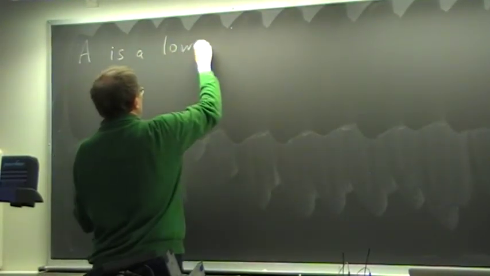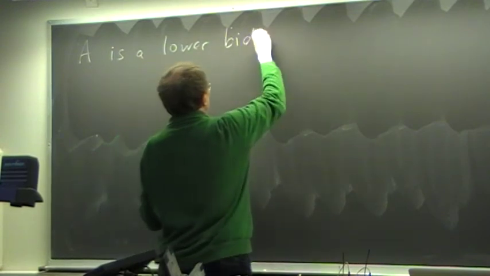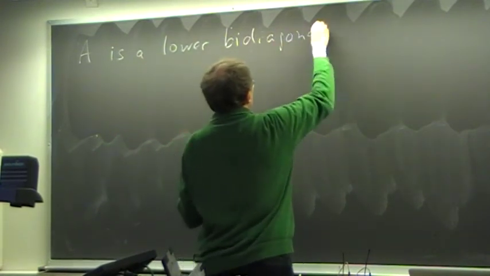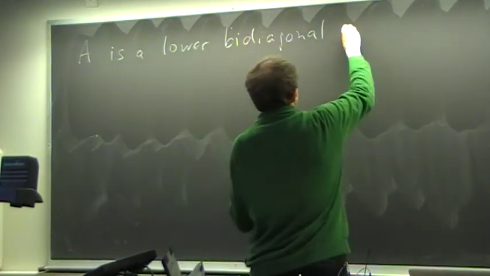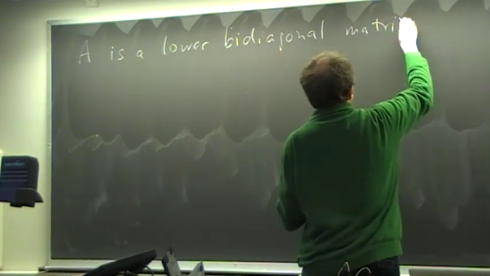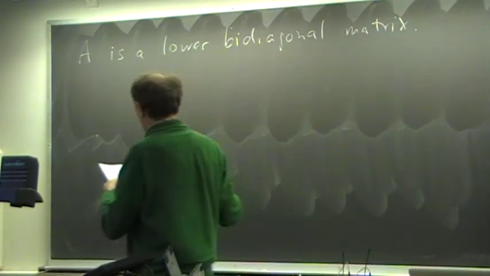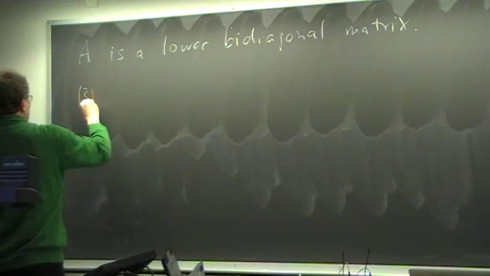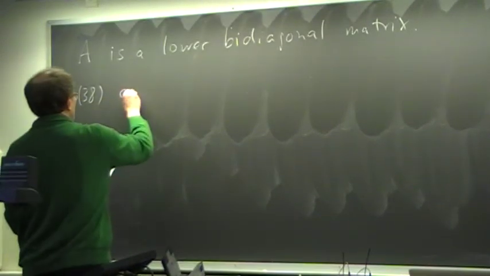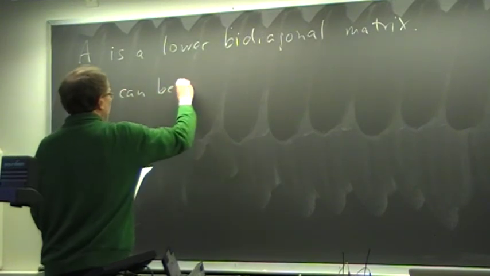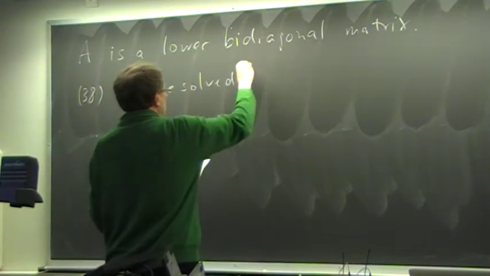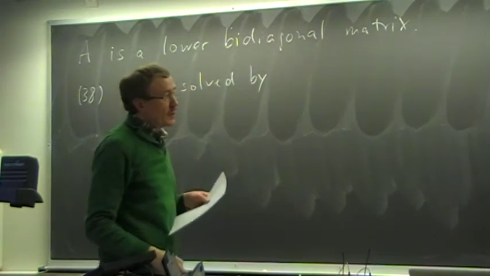A is a lower bidiagonal matrix. So how can this be solved?